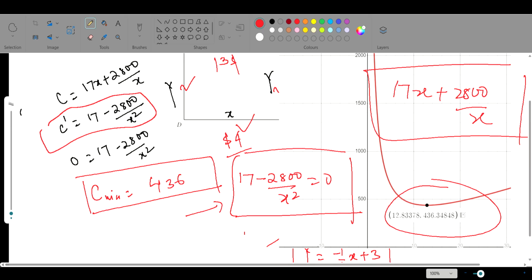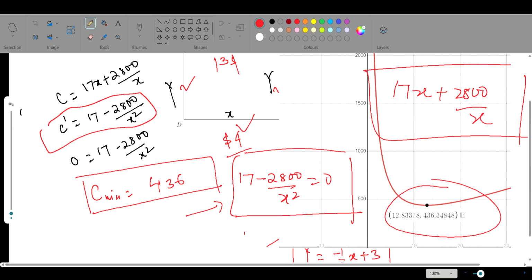You can send me the picture. I got 12.83. I put 17x, so it wasn't meant to be x. So you need to correct it from your side.